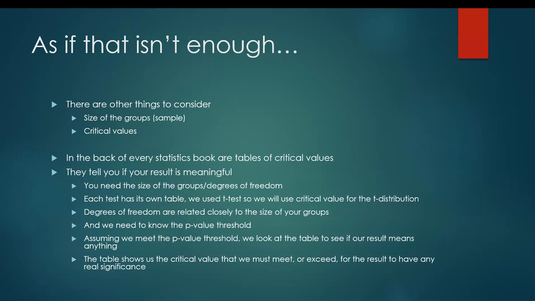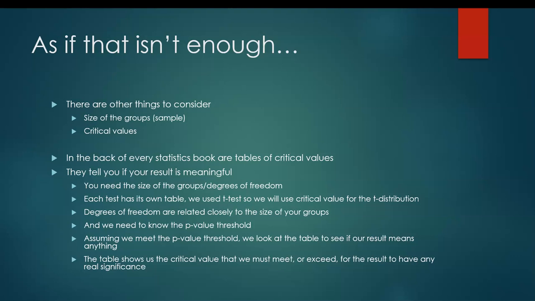So each test has its own group of critical values. There's one for t-tests, there's one for ANOVAs, there's one for many different tests. And it will tell you if your result is meaningful, right? We can say that something is statistically significant, but we can also say that it's meaningful if the result we got from the statistical test is higher than the critical values.